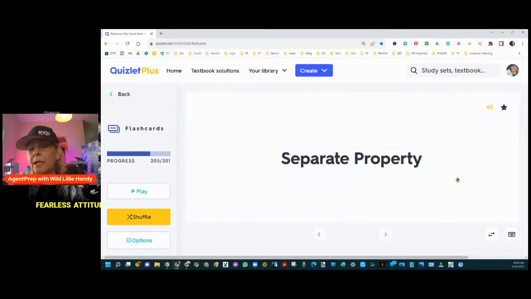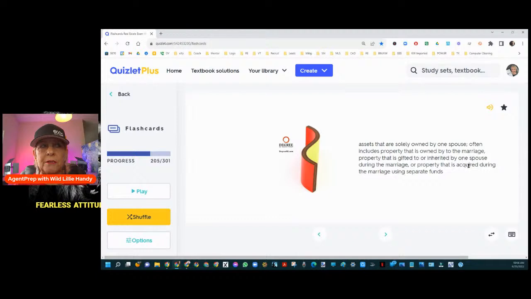If they start to make income from it, if it's a rental property and they start making income, that income is joint income. The property is not, but the income is. Any interest they make on that property. If they both improve the property with their married funds, then there will be a percentage of the property that will be owned by both individuals. But if nothing is done to it, it belongs to one individual, one spouse.